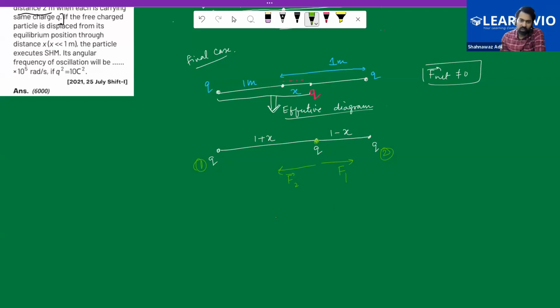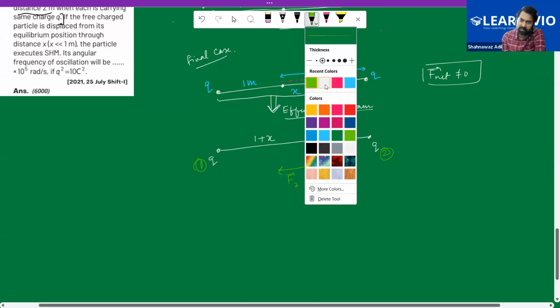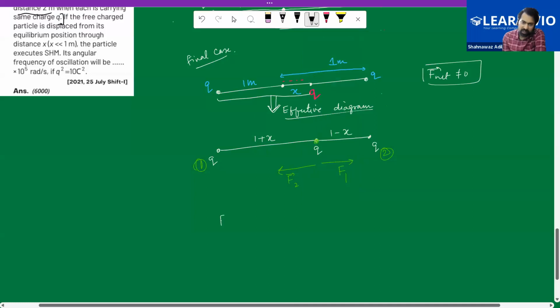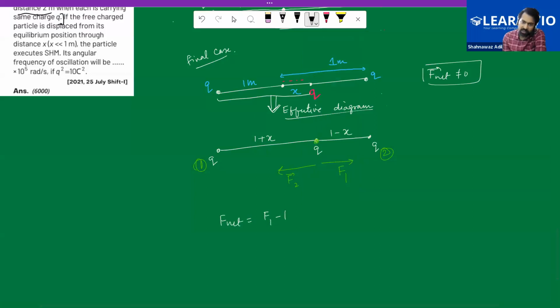So F net would be how much? If I write F net, this would be F1 minus F2. Is it clear to you why I have taken F1 minus F2, and why didn't I take F2 minus F1? Is this part clear?